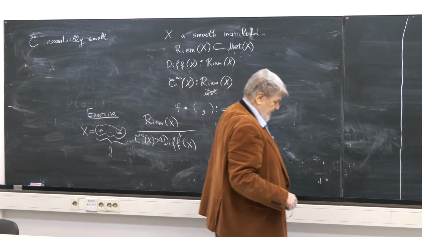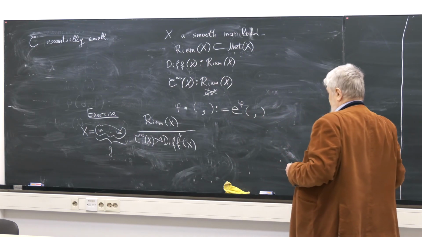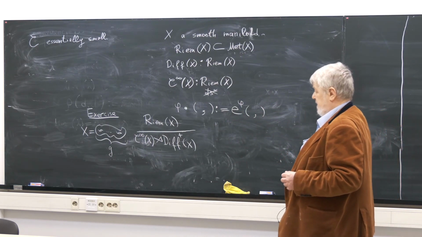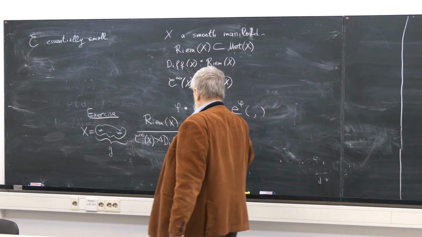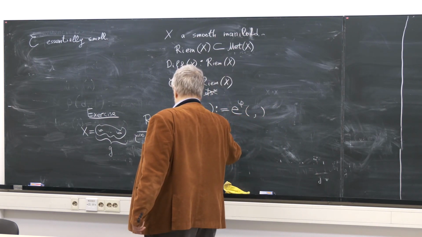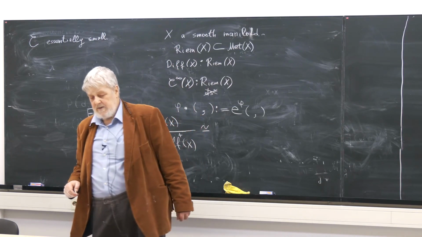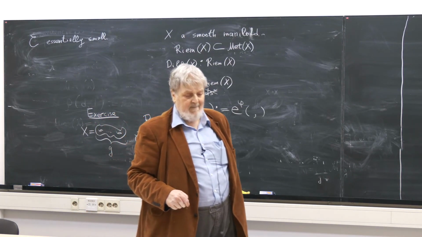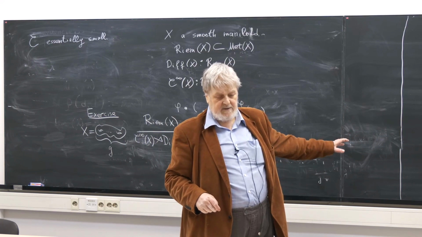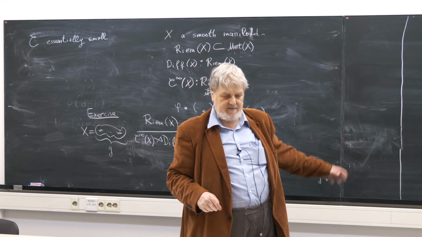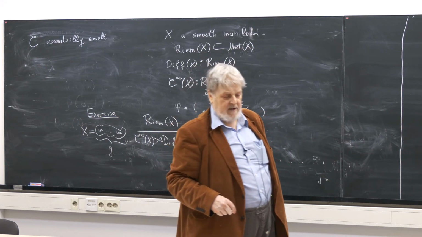Well, it is suggested to check that this action is well defined, and the result is, in fact, the set of classes of conformal metrics on a surface of genus g.